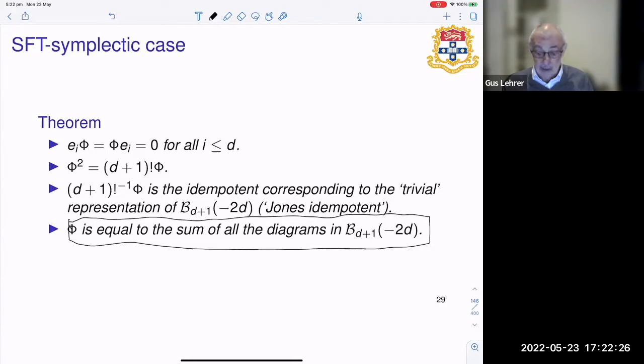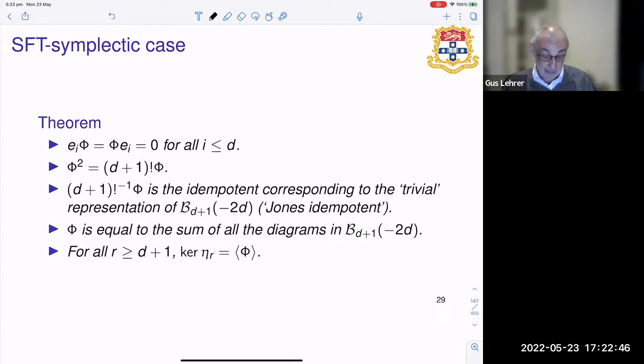You just take each of the diagrams from D plus 1 to D plus 1 and add them together with coefficient 1. It's a very remarkable fact. For R greater than or equal to D plus 1, the kernel of that map is generated by that item.